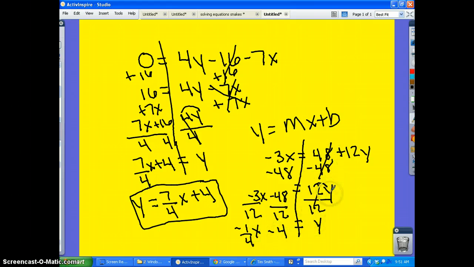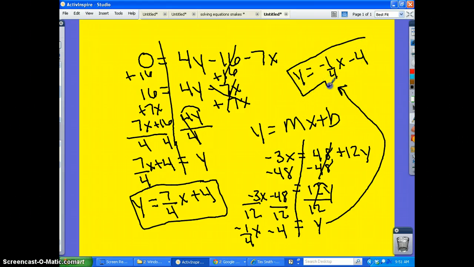Again, I'm going to draw it up here. Draw my little line and say y equals negative 1/4 x minus 4. I have my two equations.